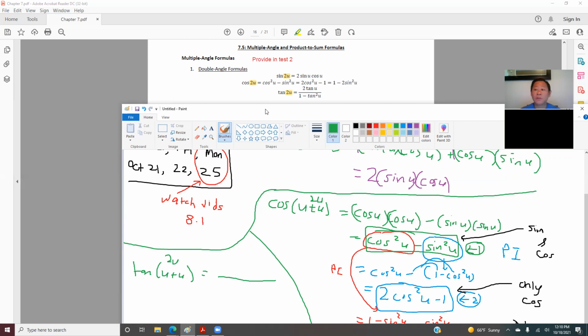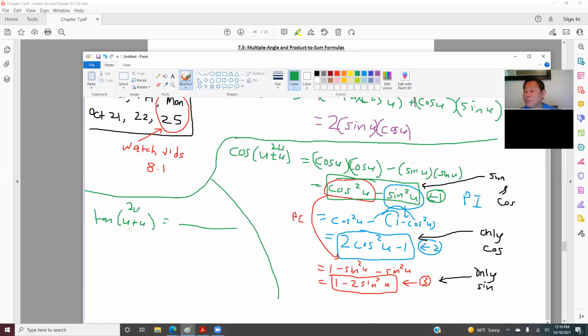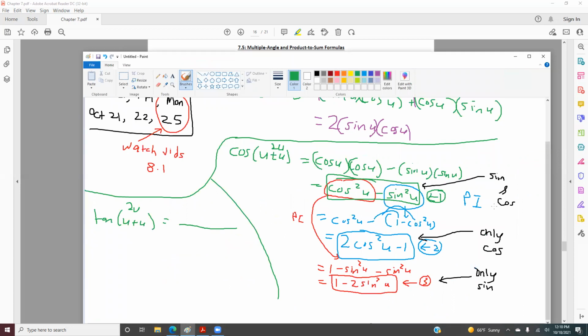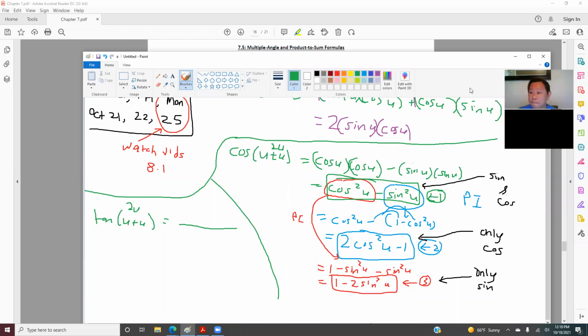This is 7.4 you learned. What is tangent u plus v? Tangent u plus tangent v over 1 minus tangent u tangent v. Okay, so it's tangent u plus tangent v. And again, our v here is still u because it's the same. Yep, you're correct, Ming. 1 minus tangent u times tangent v.